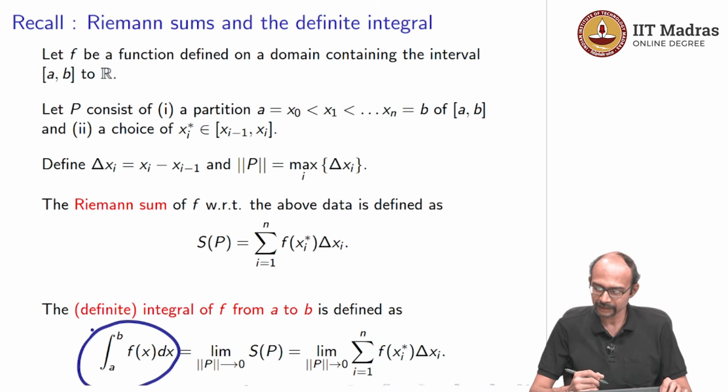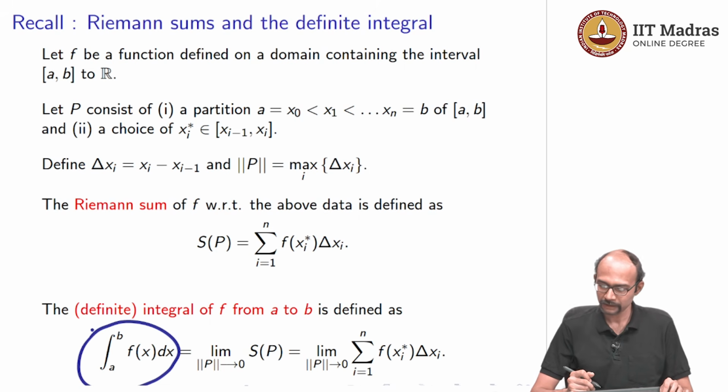The leftmost sign there is called the integral. The smaller number, a, is written on the bottom of that integral, the larger number, b, is written on the top, and then the function that you want to integrate is written next, followed by dx, which indicates many things. In particular, it indicates the end of the integral that we want to compute. So, this was the notation of the definite integral of f from a to b.